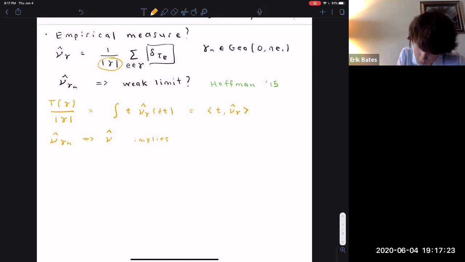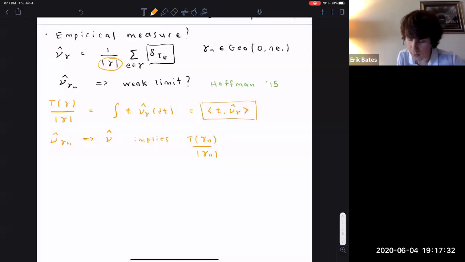This would imply that t of gamma n divided by the length of gamma n, which we just said can be expressed in this inner product notation. So that is, I'm using the identity function t as a test function. Well, if I have a weak limit, then we could say that this test function integration converges. And so this would have to converge to the test function integrated against our limit.